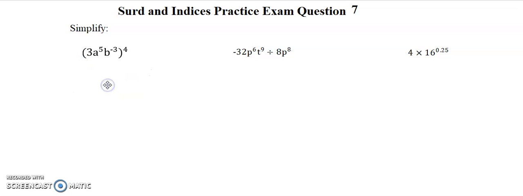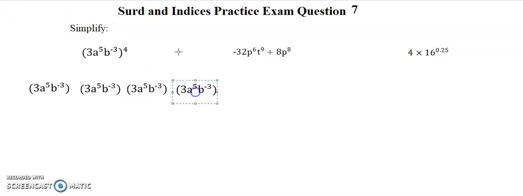Because that to the power of 4 means that we've got 3a^5 b^-3 timesing by itself 4 times. So we're saying groupings. We say that it's got 4 groups of it timesing.